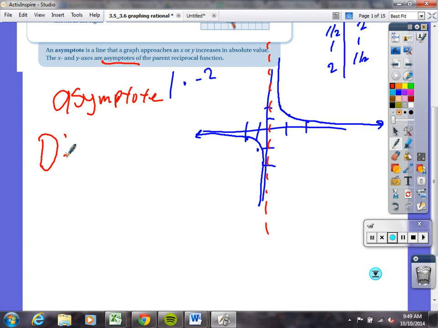So this is how you would write it. I can use -infinity up to 0, right? I did not put a bracket because I cannot use 0, can I? What other numbers can I use? Anywhere from 0 to infinity. Say again, I'm sorry. You got to have the union in between.